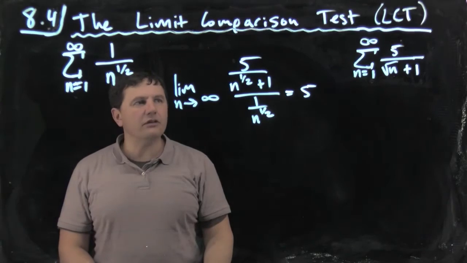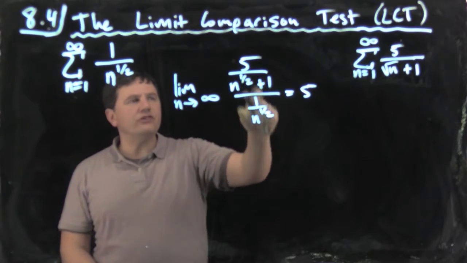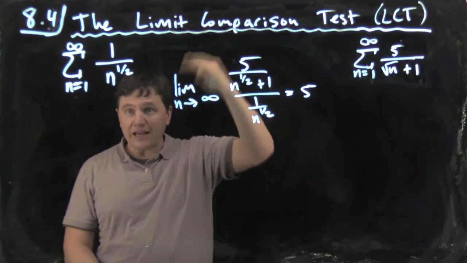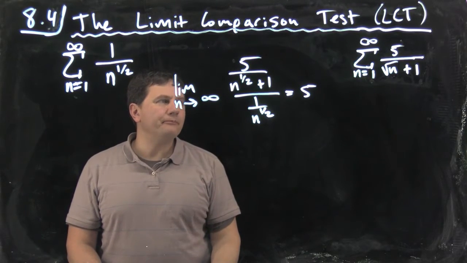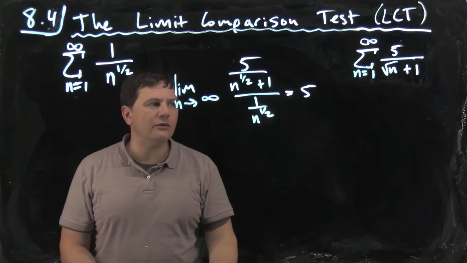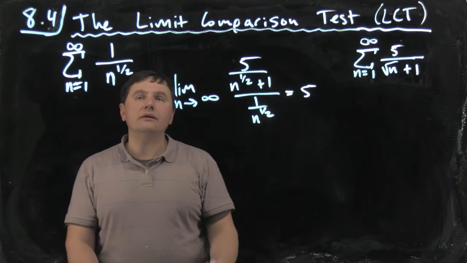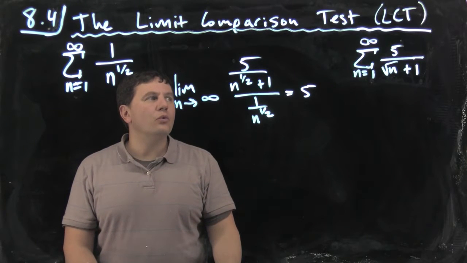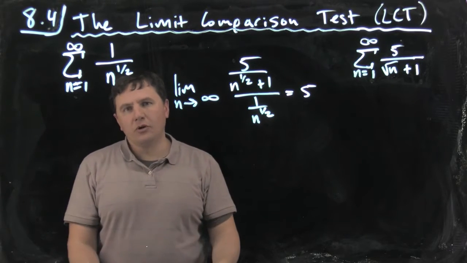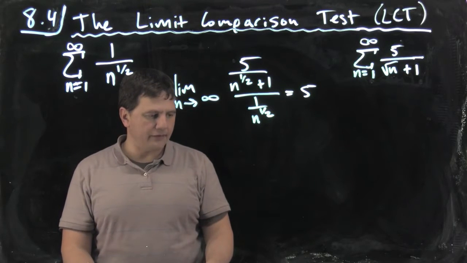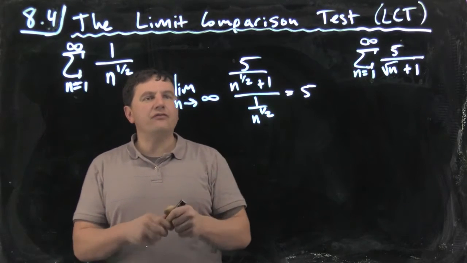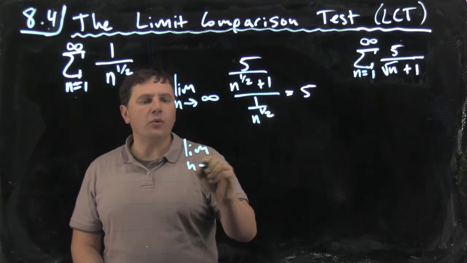Okay? So basically, if I limit two sequences to infinity, sort of stacking them as a ratio, as long as that number is not 0 and is not infinity, then they can be interchangeable in our proof. They're either both going to converge or diverge. All right. Now, if I flip these, it doesn't make a difference, I want to point out.